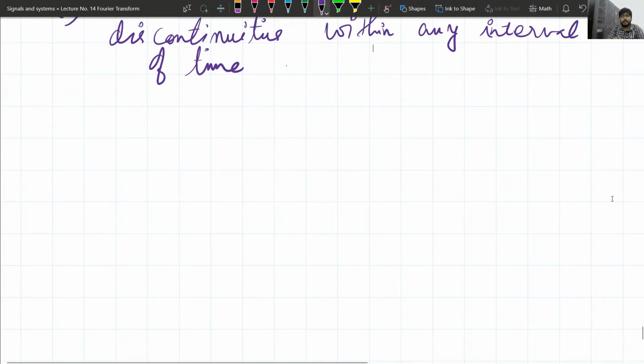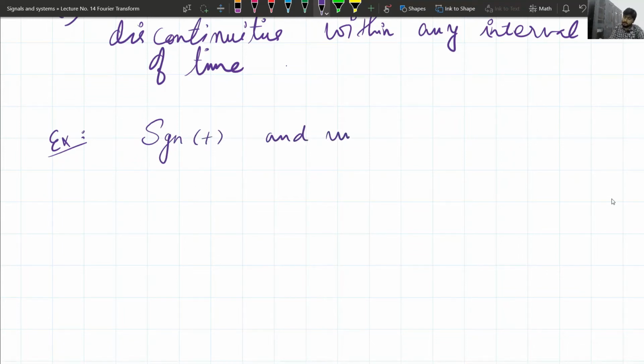Let us try to find the Fourier transform of certain signals. Let's take an example of signum function and unit step, very important. So take first example of signum function.